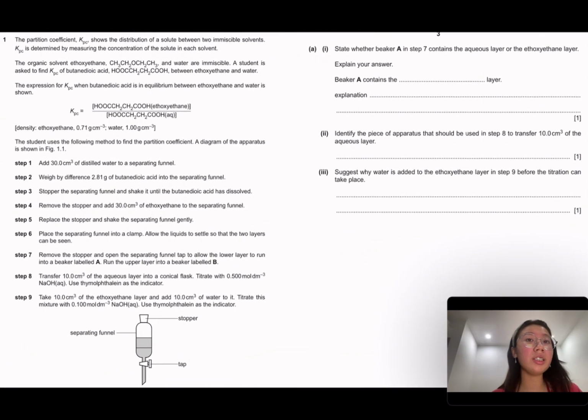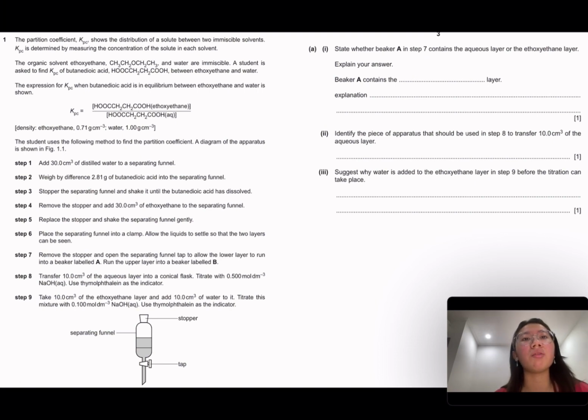Alright, so for this question, they're asking about partition coefficient. So let's read the question. The partition coefficient, KPC, shows the distribution of a solute between two immiscible solvents. KPC is determined by measuring the concentration of the solute in each solvent.